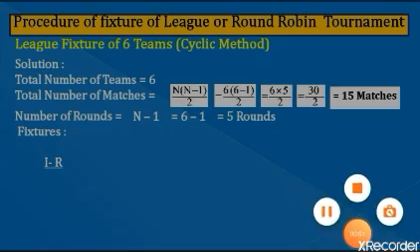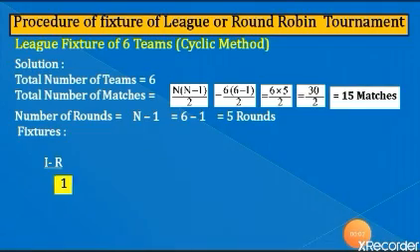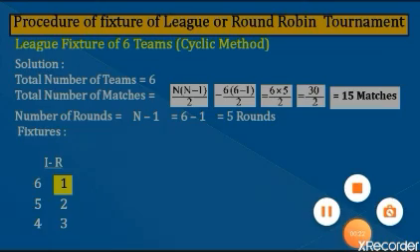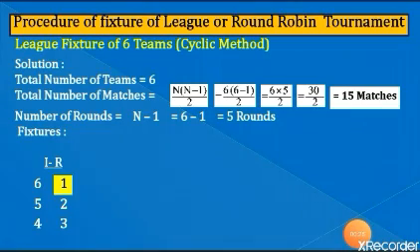In the first round, we keep team number 1 on the top at the right hand side. After that we list the teams in ascending order and move the teams downward then upward in clockwise direction.